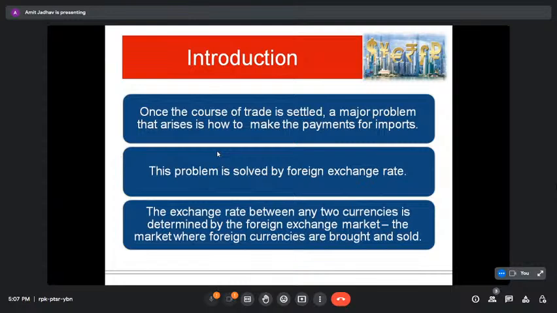The foreign exchange market is also known as the foreign currency market, where foreign currencies are bought as well as sold in a particular country. Such a market is known as a foreign exchange market, or also the forex market.